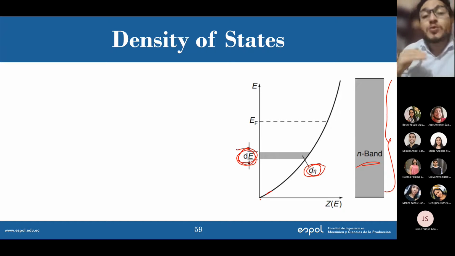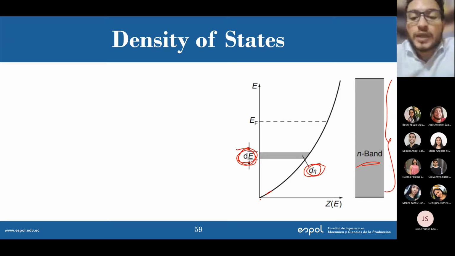So that's what's happening here. At the lower end of energy, I have fewer energy levels per unit energy that are available. Okay?